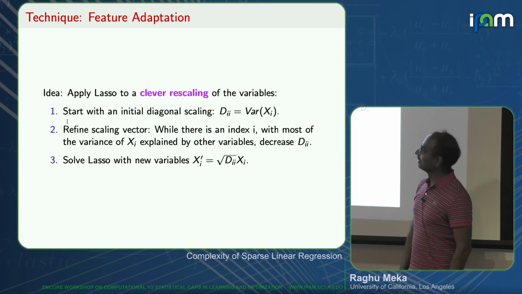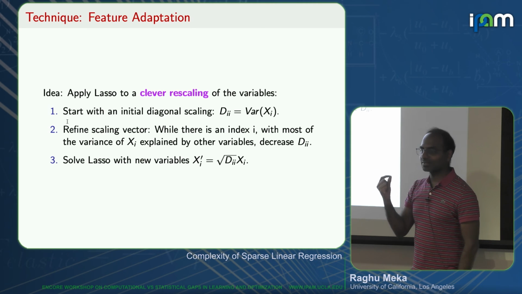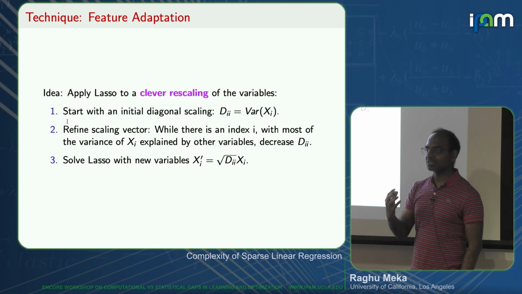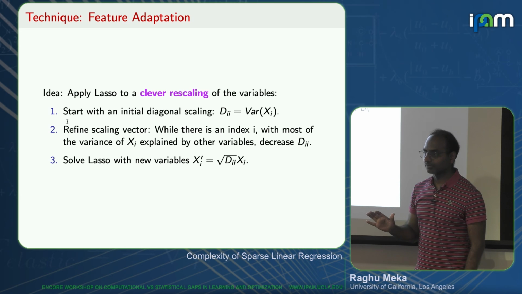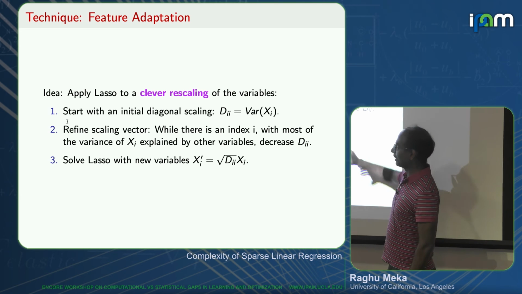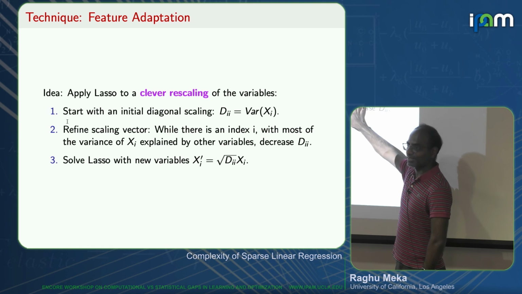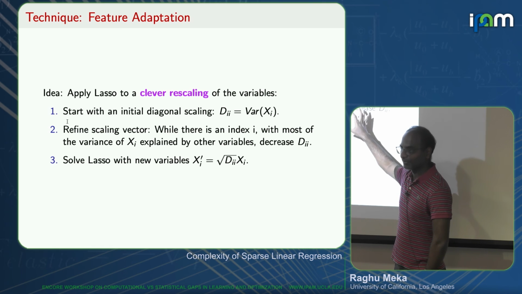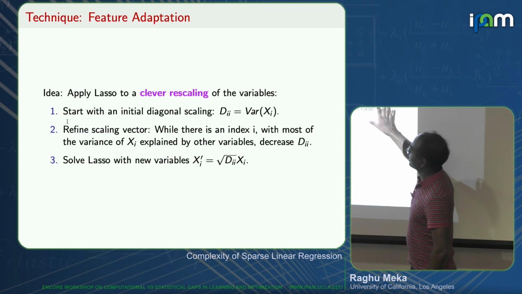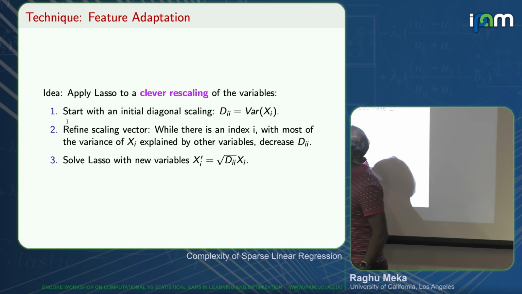How do you refine it? If there is an index i which can be explained away as a sparse combination of some other things, I am going to decrease its weight by half. Okay, I'm stating it heuristically, in words here, but everything can be quantified. Okay, so how do I define explained by?